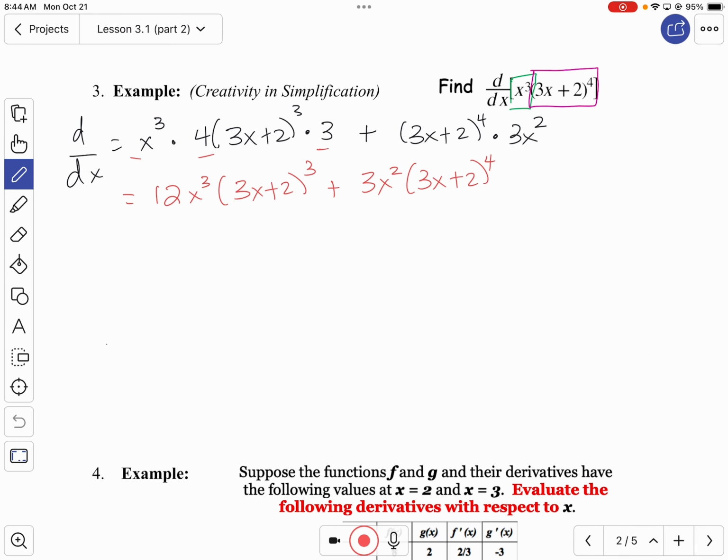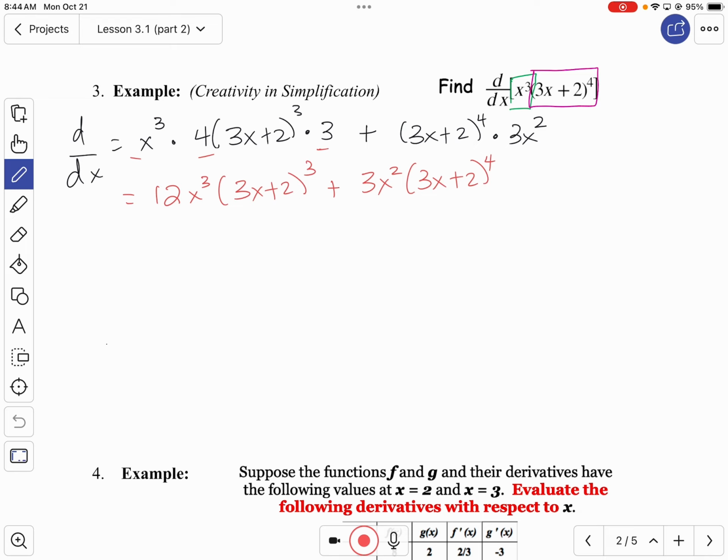looks a lot like factoring kind of by grouping, in terms of simplification. We're looking for a common term. Start with what's outside the parentheses: a 12x cubed and a 3x squared. What could you pull out of both of those, just those pieces? A 3x squared. So let's do that.